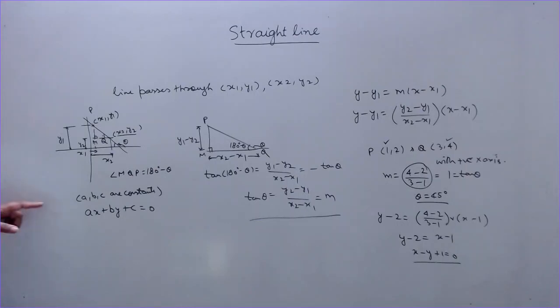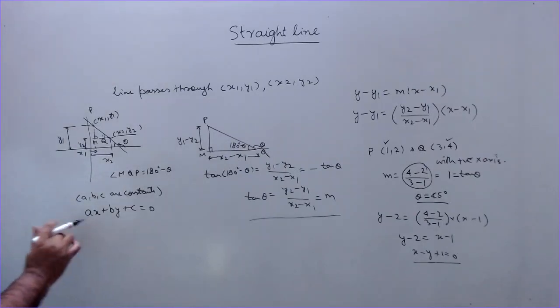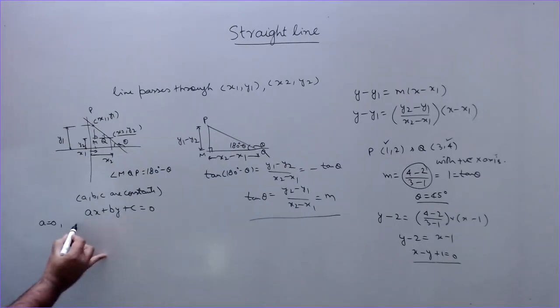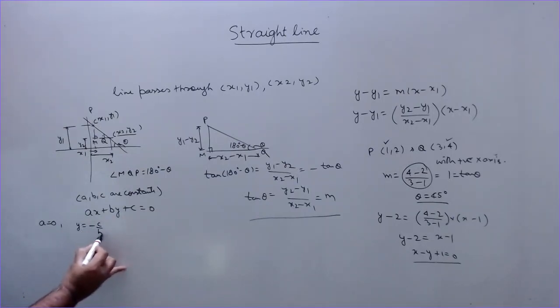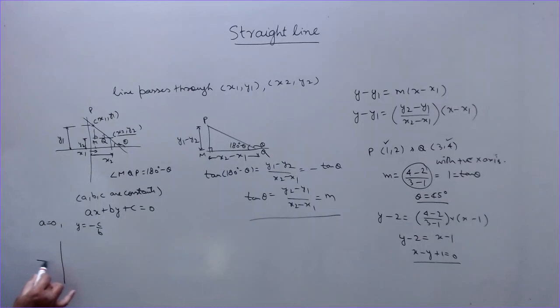So this equation can be written in the slope intercept form also. Suppose here a becomes 0. So the line becomes by plus c equal to 0, y is minus c by b. How can you show y equal to minus c by b? Y is negative, on this side. So if a equal to 0, this is how you can show the line.